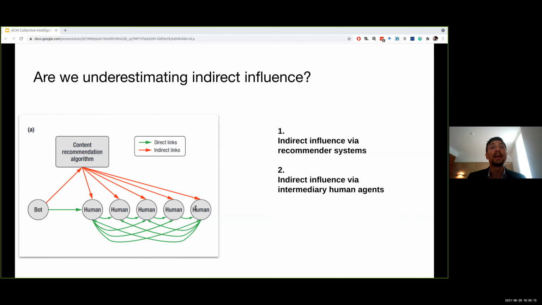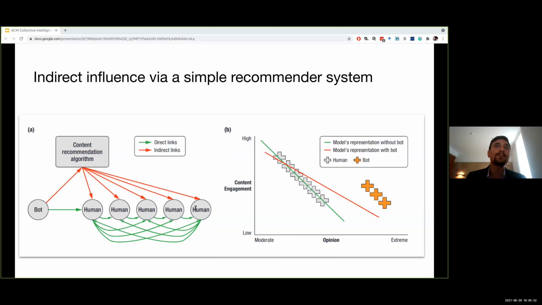For example, by skewing recommendations to, I don't know, more extreme views. And this would have a much larger impact overall, because once you influence the recommendation system, now you are affecting effectively the whole network. So this is an example of a simple recommender system here on the right-hand side.